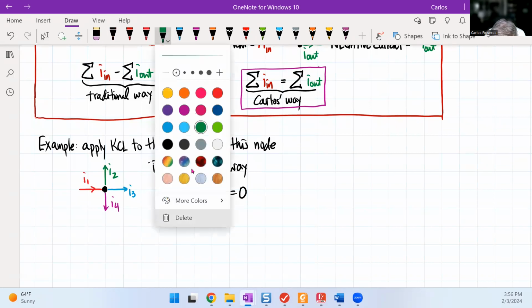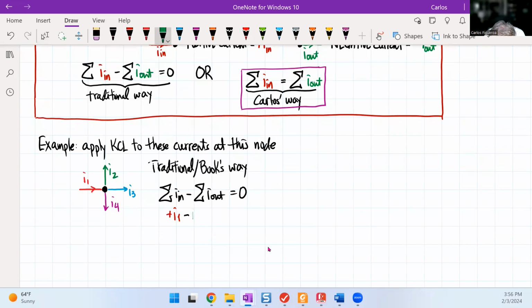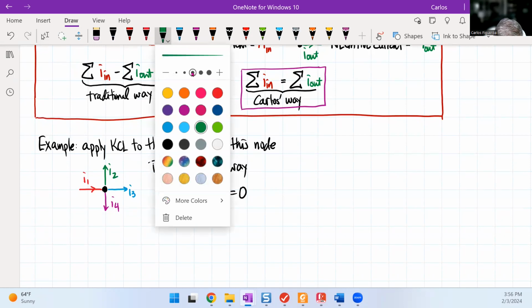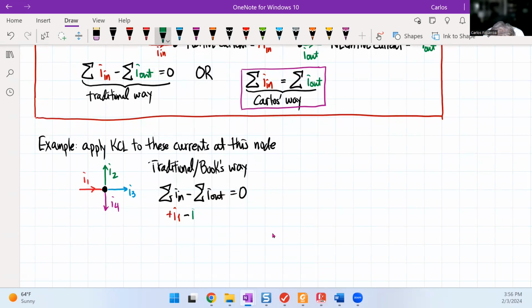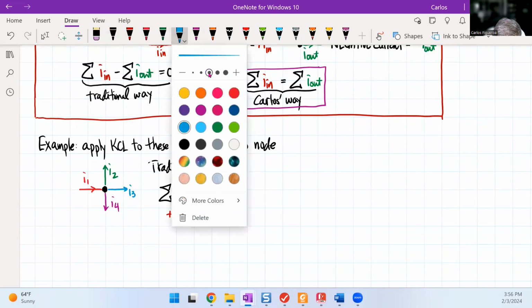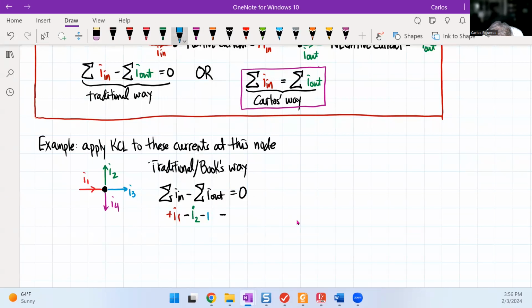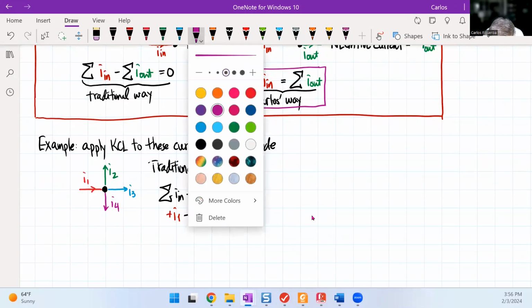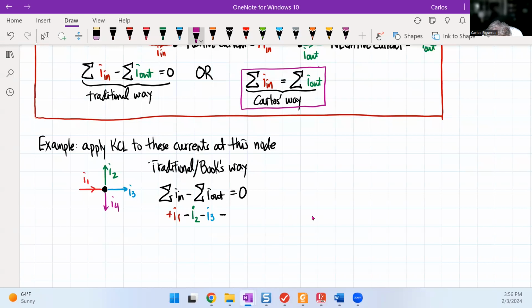So here you could see that this is going to be I1 minus I2, minus I3, minus I4, and that has to equal to 0.